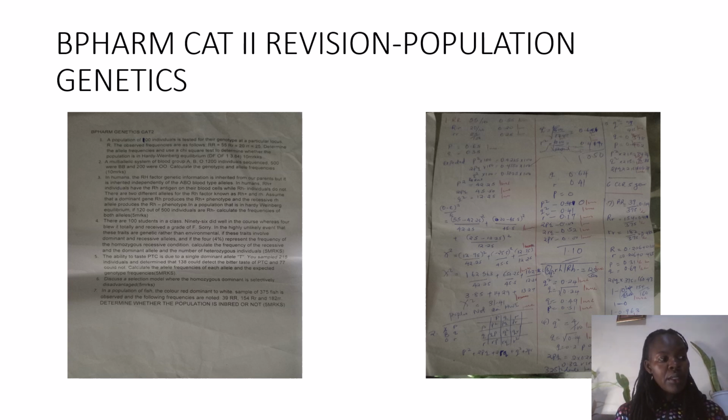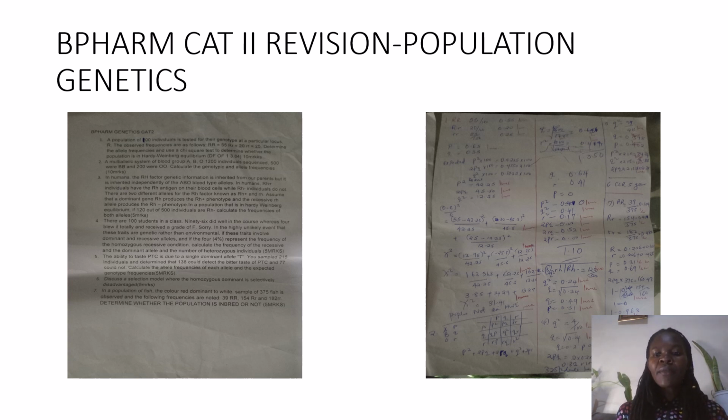Question number 1 says, a population of 100 individuals is tested for their genotype at a particular locus R. Observed frequencies were as follows: homozygous dominant 55, heterozygous 20, homozygous recessive 25. Determine the allele frequency and use a chi-square test to determine whether the population is in Hardy-Weinberg equilibrium.